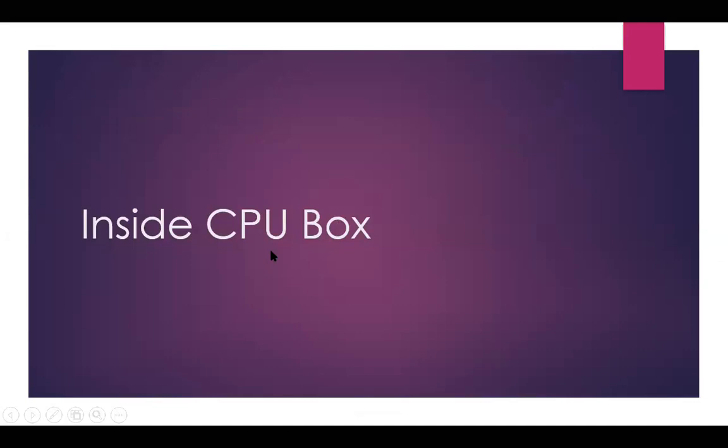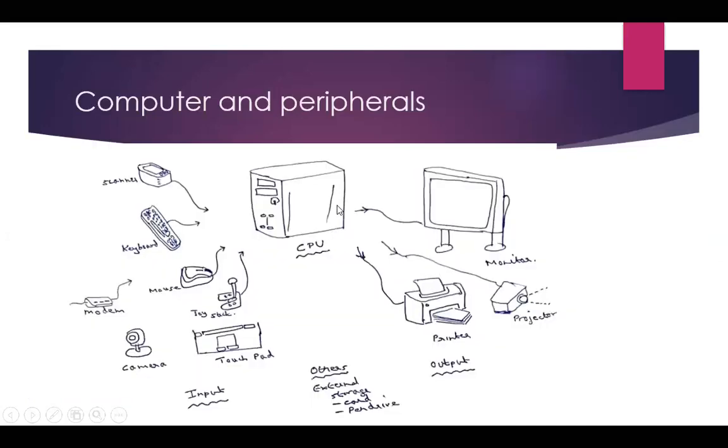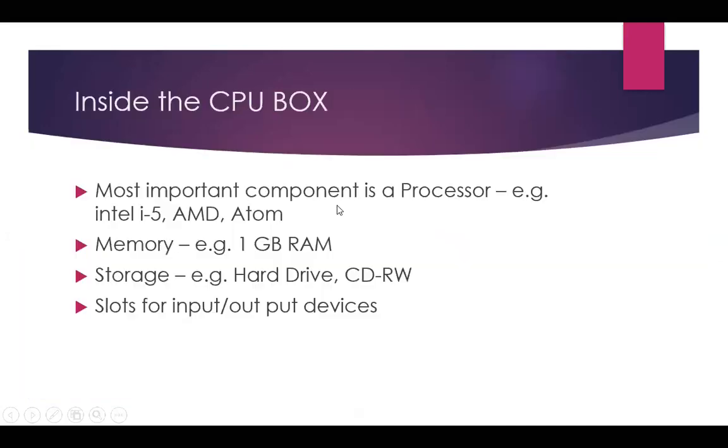What is there inside this CPU box? So inside the CPU box, the most important component is a processor. A processor can be from various manufacturers, which we know is Intel, and nowadays it is Intel i7.